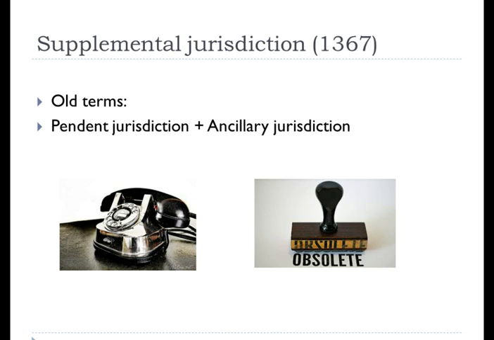So if you see the words pendant jurisdiction or ancillary jurisdiction as one of the choices on a multi-state bar examination question, that answer is wrong unless it says something like pendant jurisdiction is an outdated term. So I'm not even going to tell you what the difference between pendant and ancillary jurisdiction is, because it's not relevant.